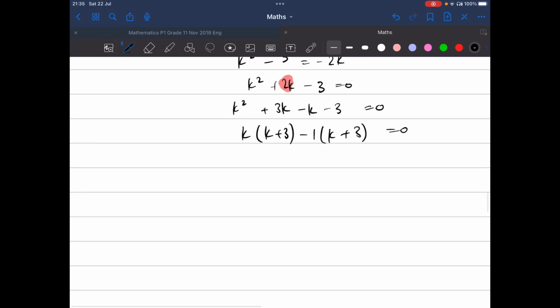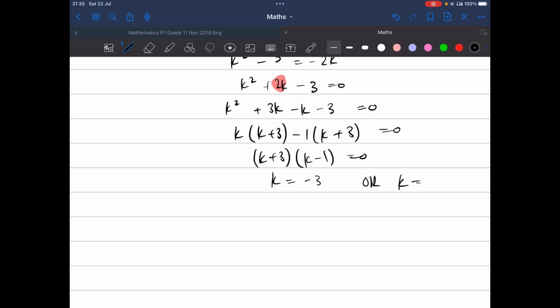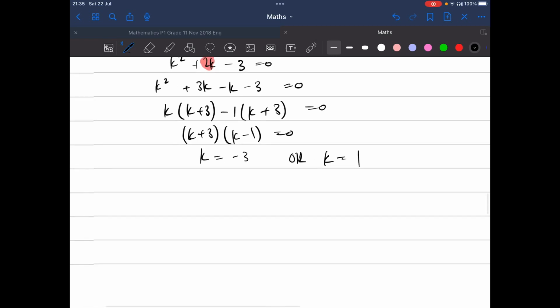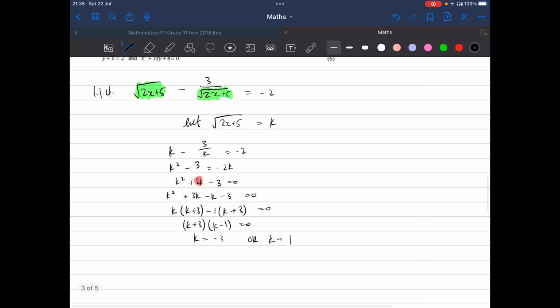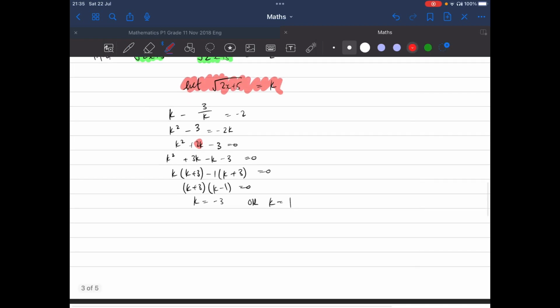And now I can equate each factor to 0. So we got to that point, but remember up here we said that k is equal to the root of 2x plus 5.